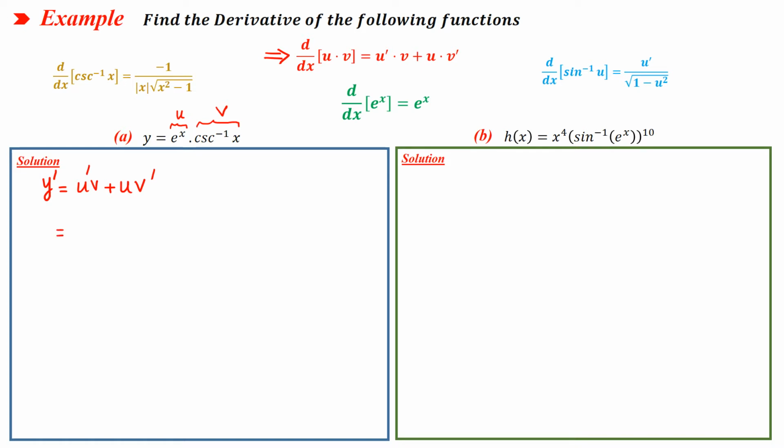So first you have to find the derivative of the first function, which is u, and the derivative of e to the x is e to the x.